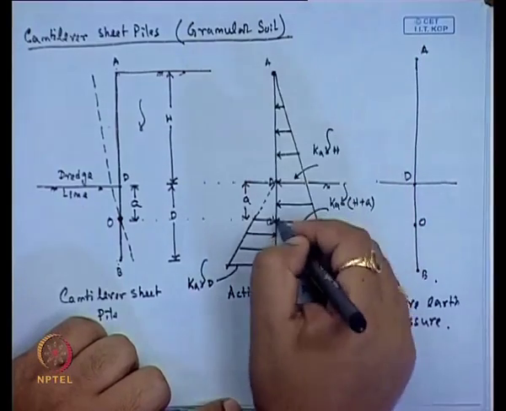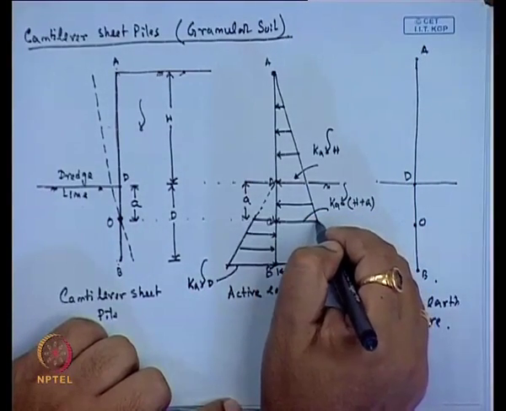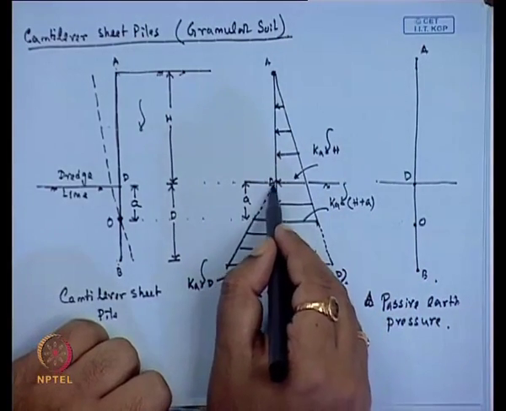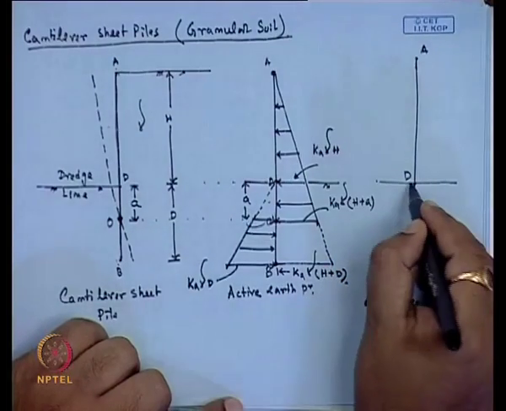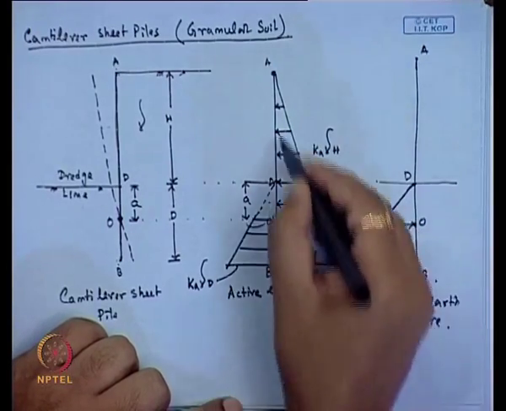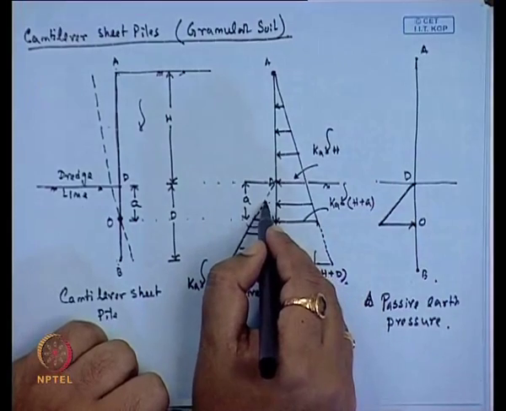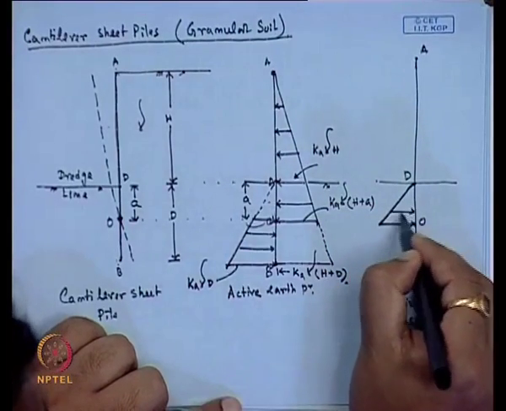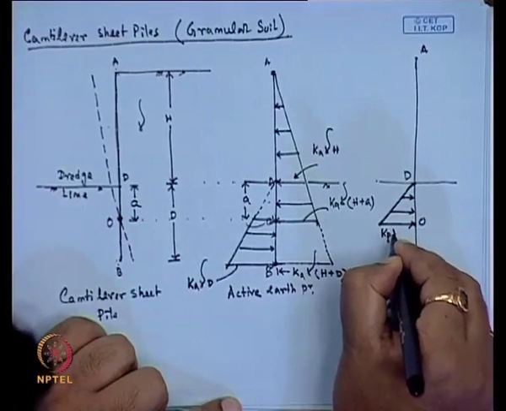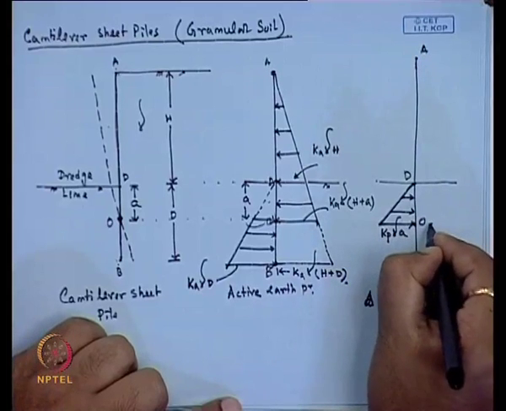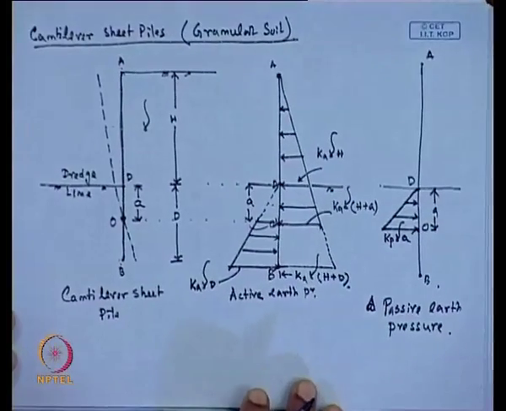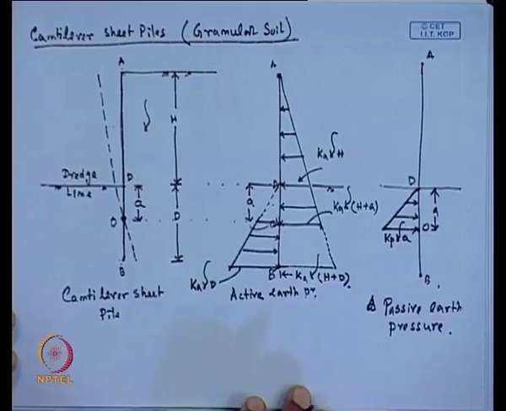So, if at this side this is active resistance, then similarly this side, that will be passive resistance. So, this is the passive pressure diagram. When this side is active, definitely the opposite side will be passive. So, this is the passive resistance. So, this value is K P into gamma into A, where K A is the coefficient of active earth pressure, K P is the coefficient of passive earth pressure.